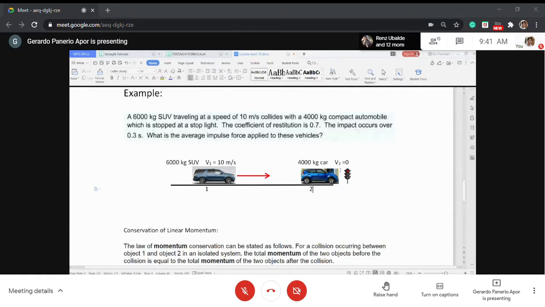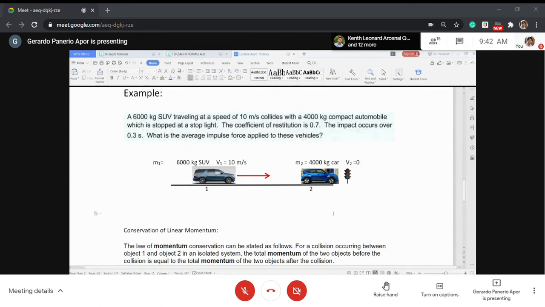It is stopped at a stoplight. So V at 2 is 0, while V at 1 is 10. Then M at 1, we will consider this as M1, the mass with subscript 1. So the mass at 2 is 4,000 kilograms.